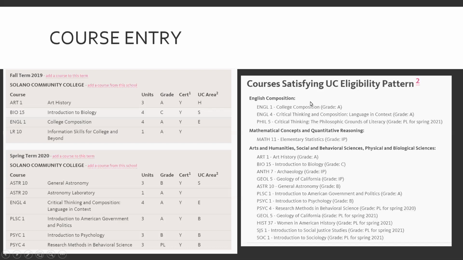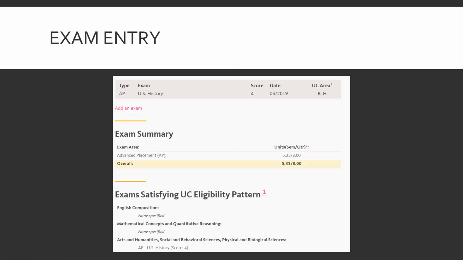Just as a reminder, with your 2 English classes, your 1 math class, and then 4 classes from either arts and humanities, social and behavioral science, or physical and biological sciences, it's going to show you all the coursework that you've taken to fill those requirements, which is just a handy tool to have. You also need to enter any exams that you've taken, such as AP or IB scores.